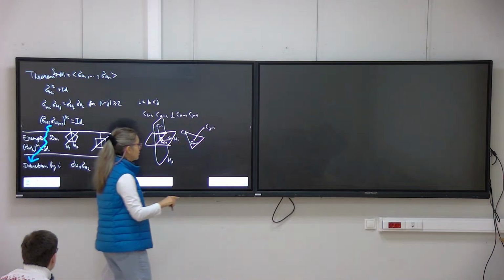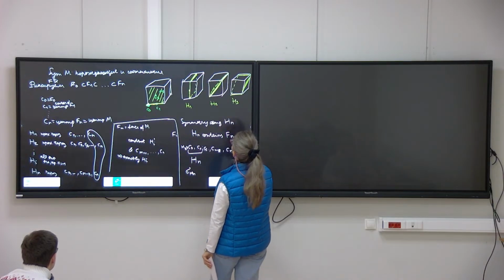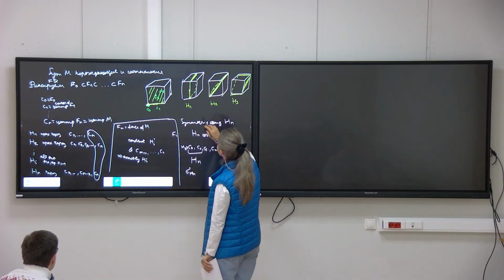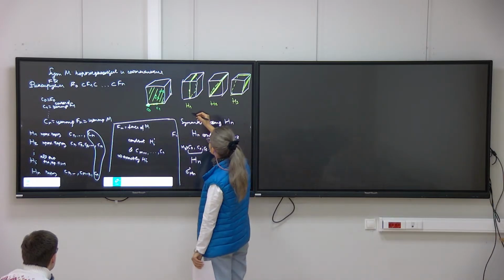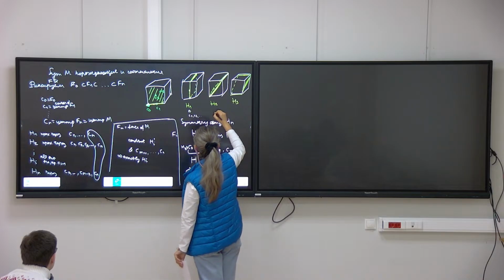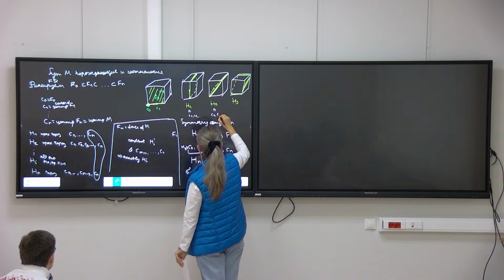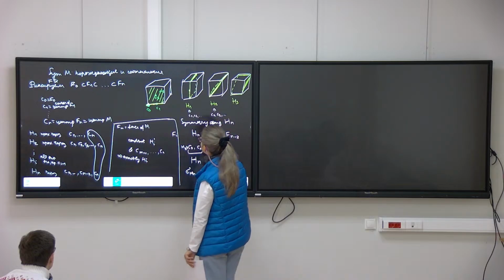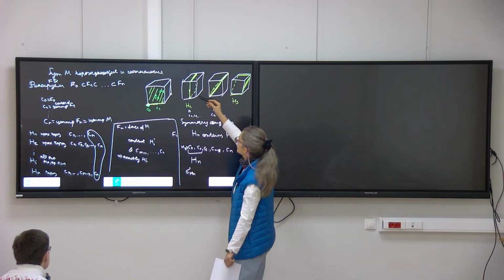Let me go back. Where is our cube? What is h1 and what is h2? H1 contains C1, C2, etc. And this one contains C0, C2, etc. So in fact, all the life is inside F1.